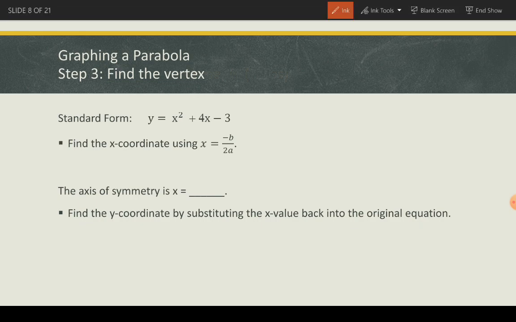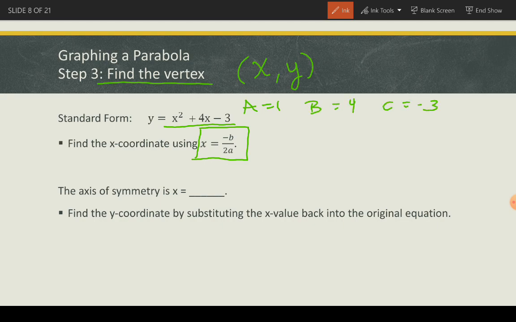Okay, our third step is to find the vertex. So the vertex has to be a point with an x value and a y value. To find the x value, we have to use a specific formula, and that formula is x equals -b over 2a. Remember, a is 1, and we can use our standard form to find this out. b is 4, and c is -3.